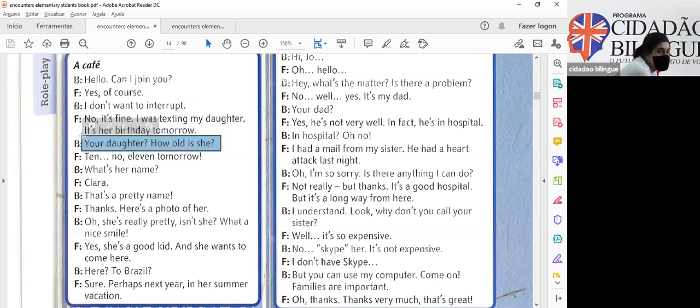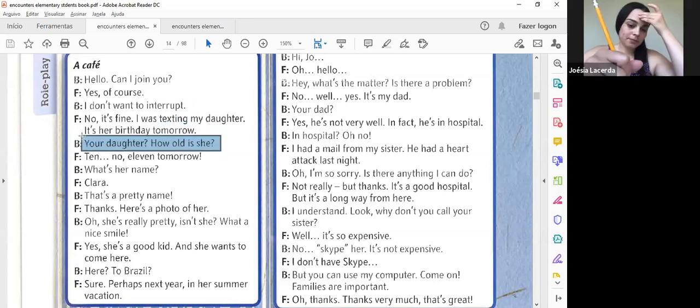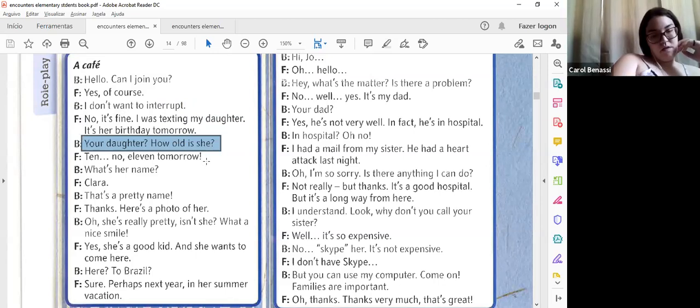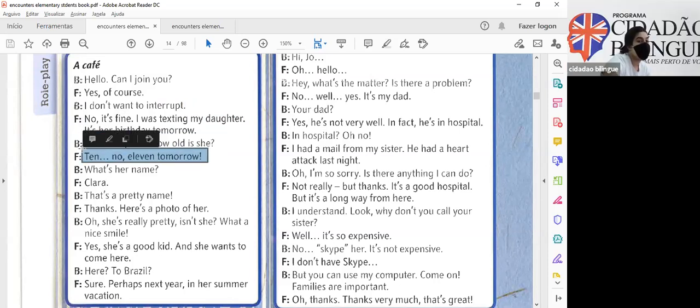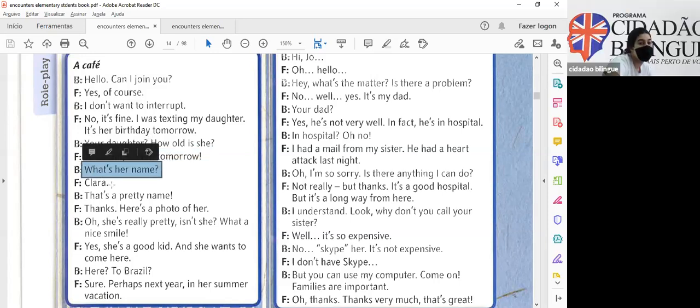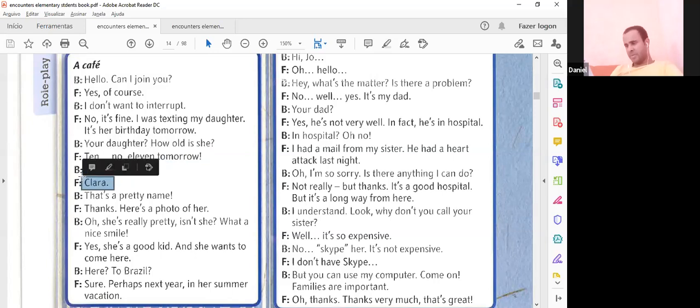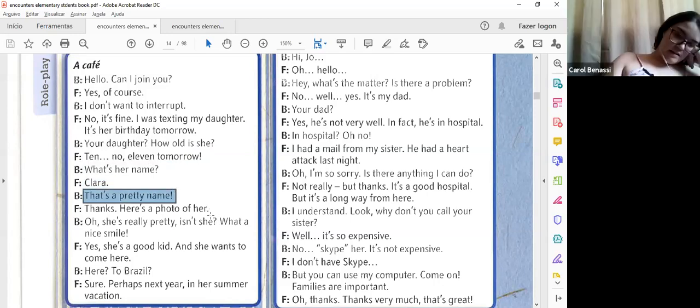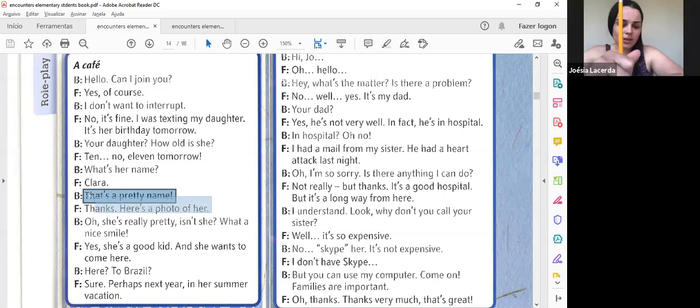Your daughter? How old is she? 10. No, 11 tomorrow. What's her name? Clara. That's a pretty name.